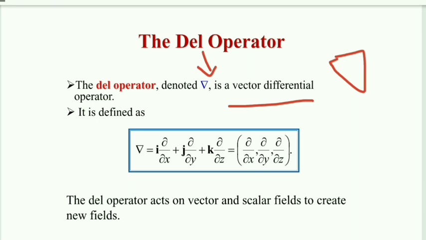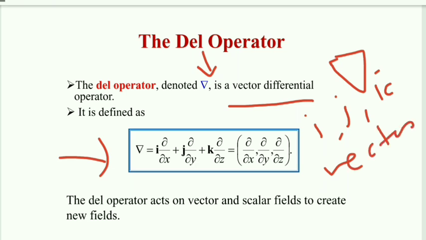We can define the del operator as del is equal to i into dou by dou x, plus j into dou by dou y, plus k into dou by dou z. Why is it called a vector differential operator? Because i, j and k are unit vectors, and dou by dou x, dou by dou y and dou by dou z are differential operators.